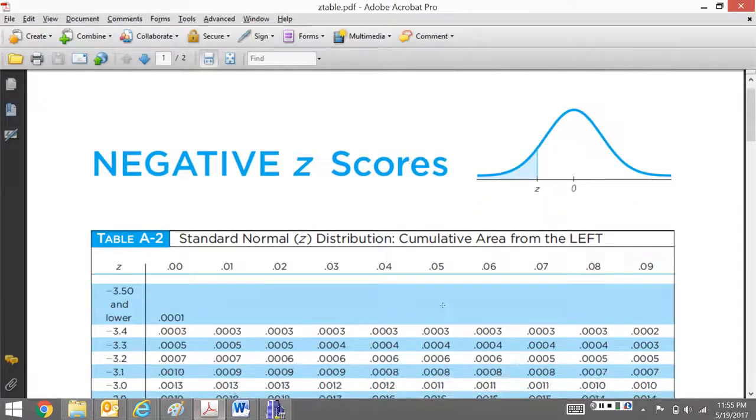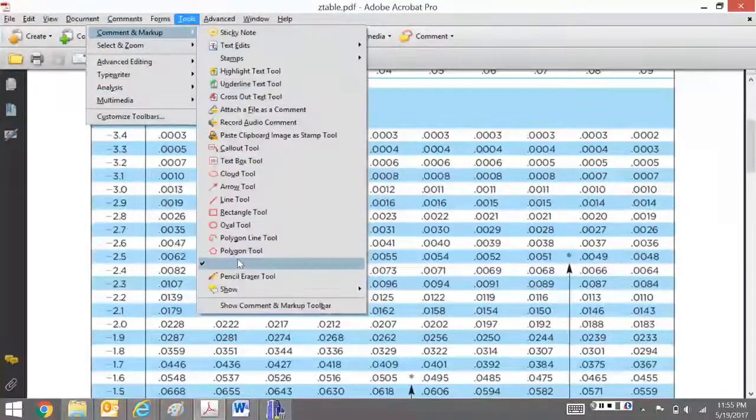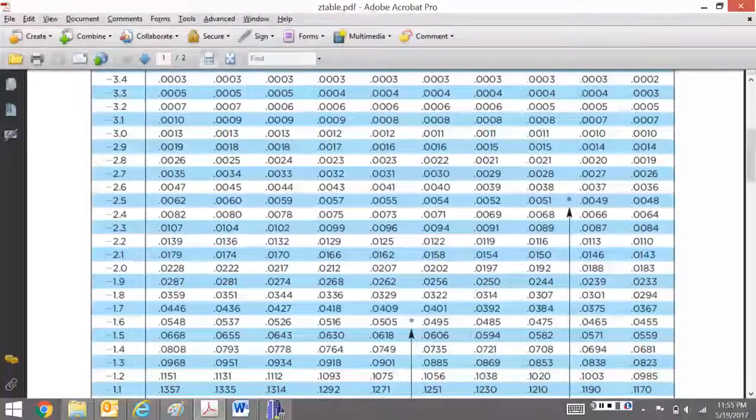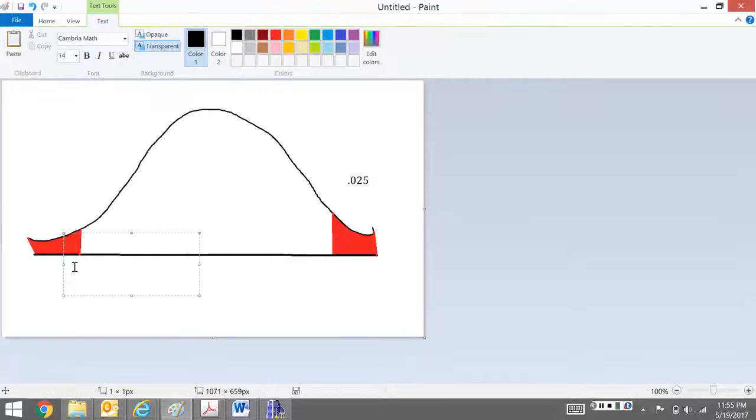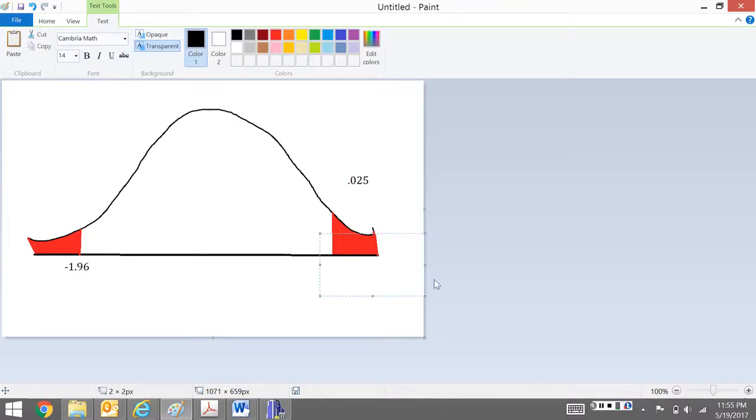So I come here and I'm looking in the body of this for 0.025. That's right here, and that's negative 1.96 and positive 1.96. That's a really typical one; you're going to memorize these after a while. So negative 1.96, and over here is positive 1.96.